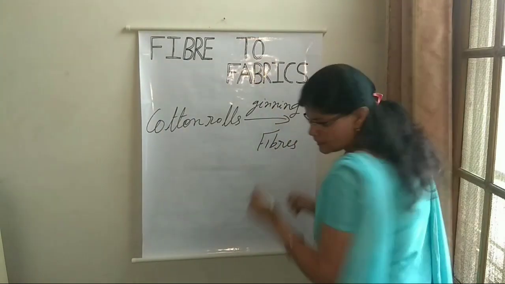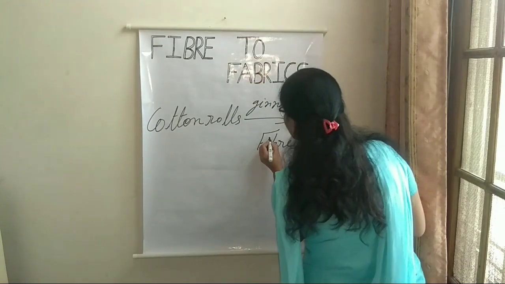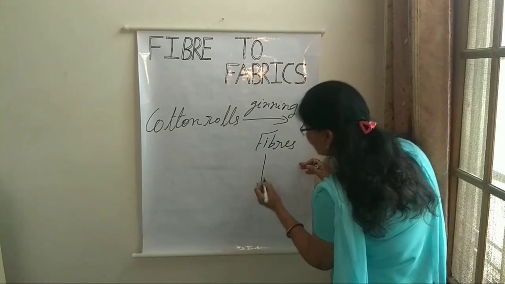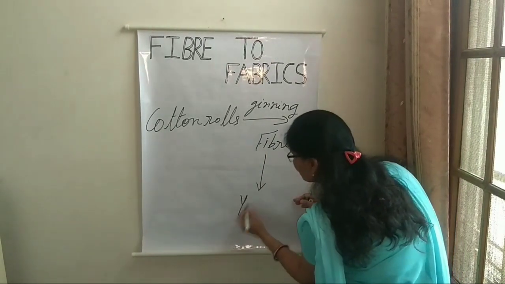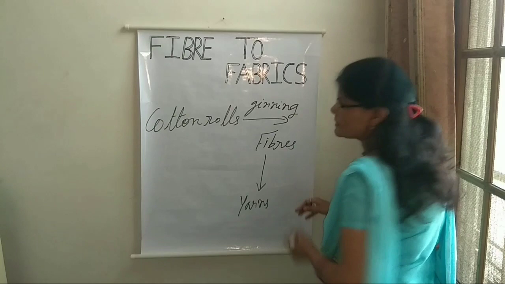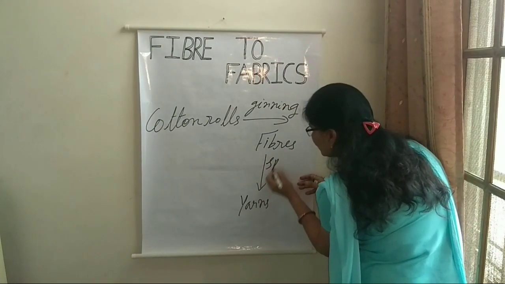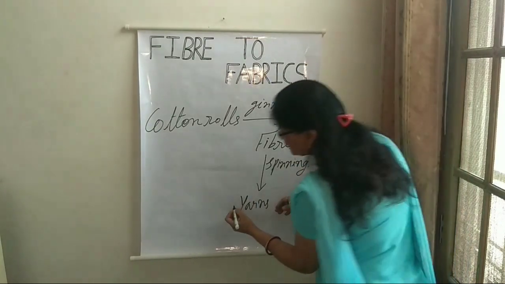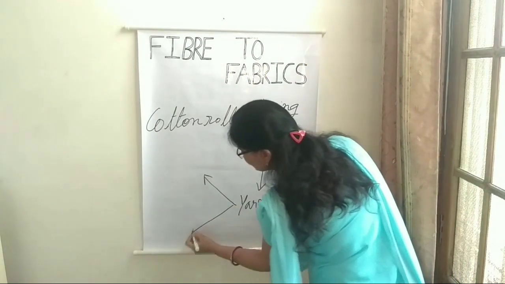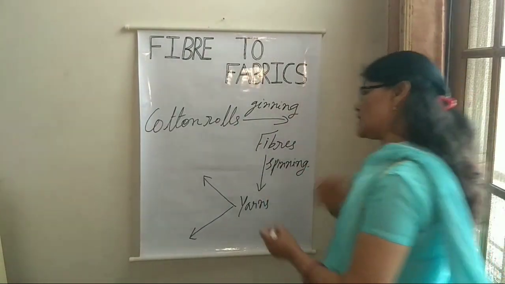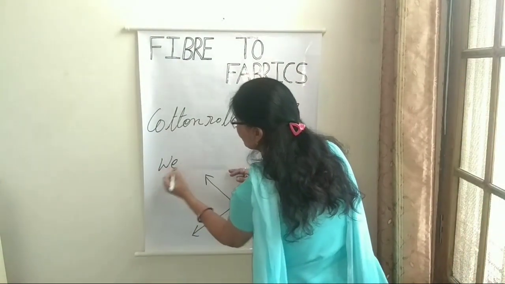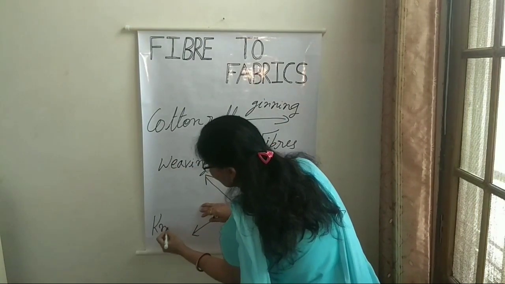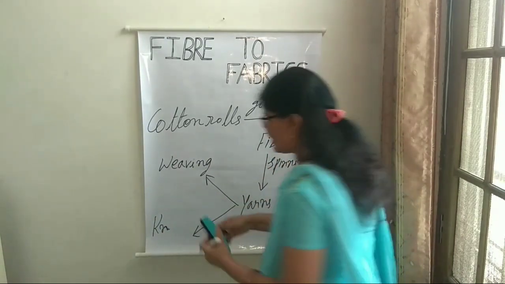Then these fibers are converted into yarns by the process of spinning, S-P-I-N-N-I-N-G. Then these yarns are converted into fabrics by using two methods. First is weaving and knitting. Weaving and knitting.